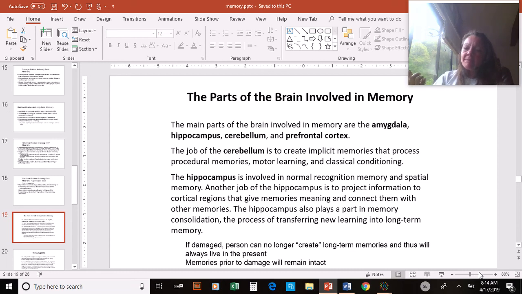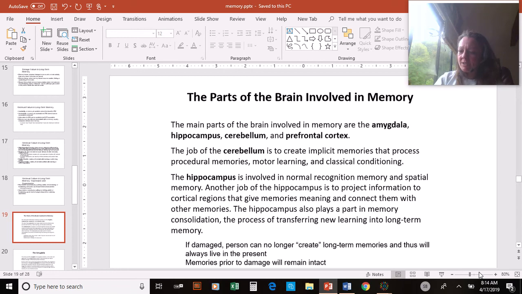And if this is interesting, if the hippocampus gets damaged, people can't create more long-term memory, so they kind of always live in the present, or maybe kind of live in the past. Think of that Adam Sandler and Drew Barrymore movie, 50 First Dates. Kind of amnesia. Think about things like that.